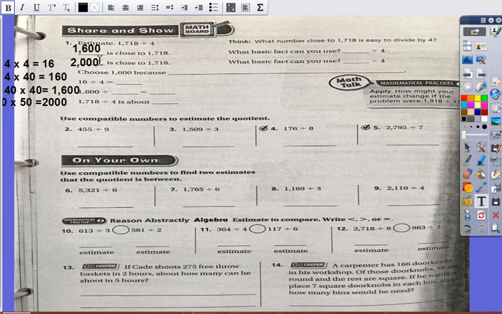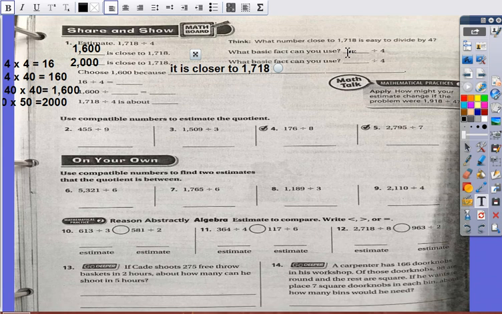So let's just keep going. Which number am I going to choose? I'll choose 1,600 because it is closer to 1,718. Let's come back over here. What basic fact can you use?